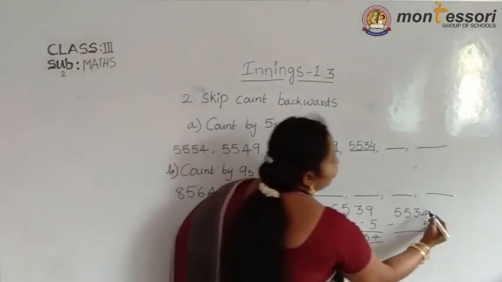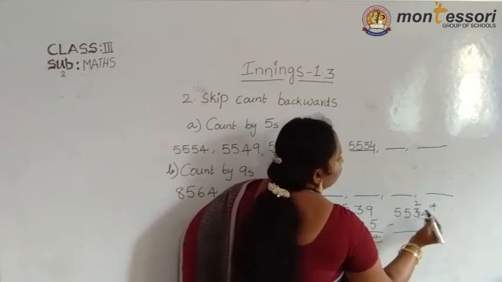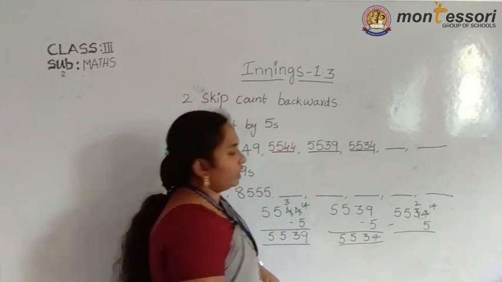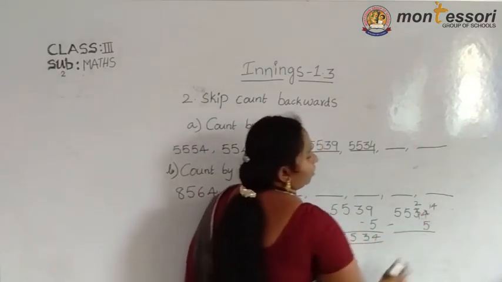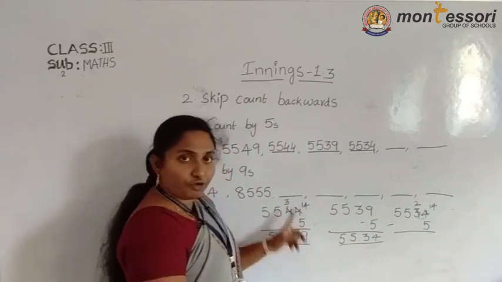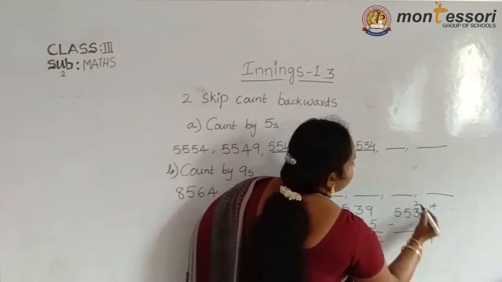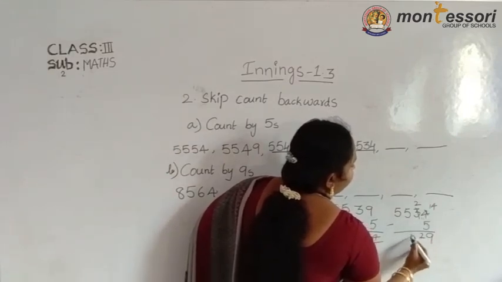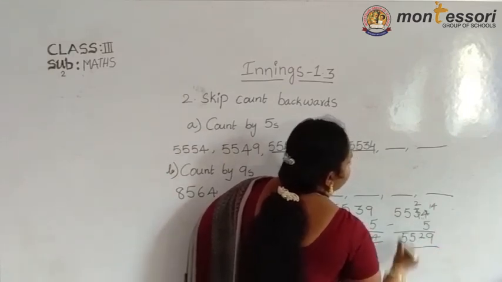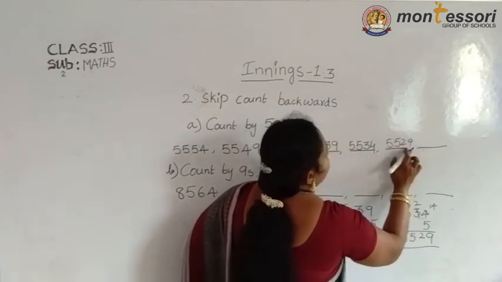We take a borrow. 4 changes into 14 and 3 changes into 2. 14 minus 5, we already know, 9. I am writing here 9, again 2, 5, 5, okay, 5529.